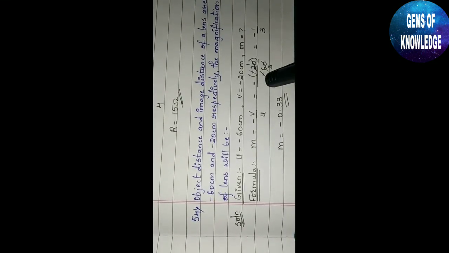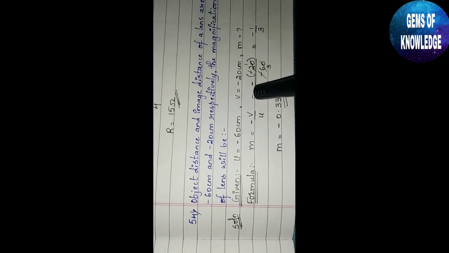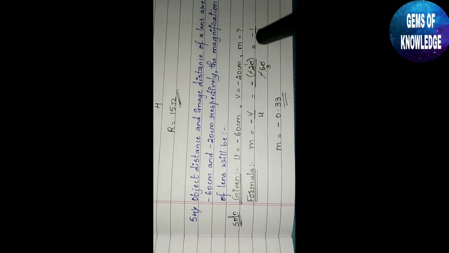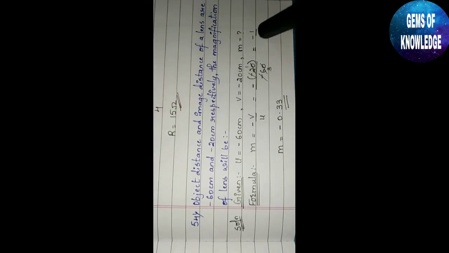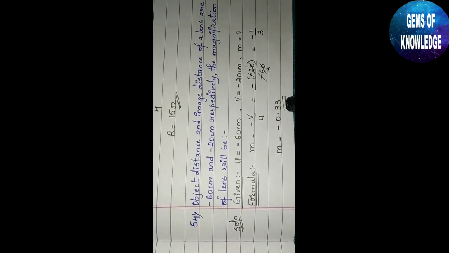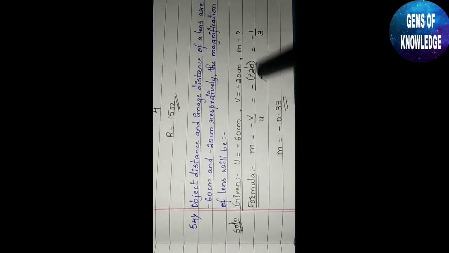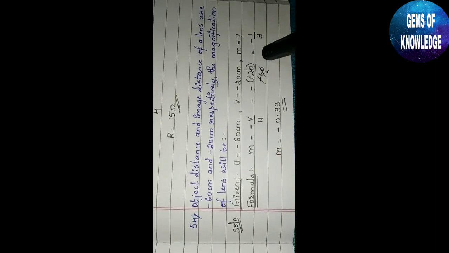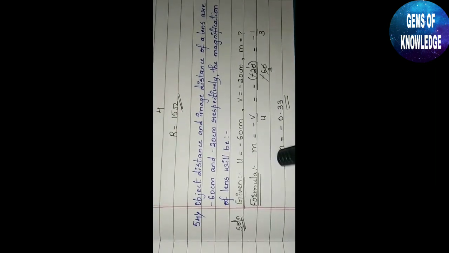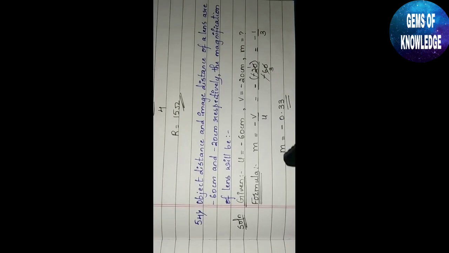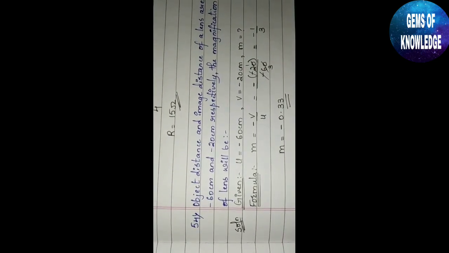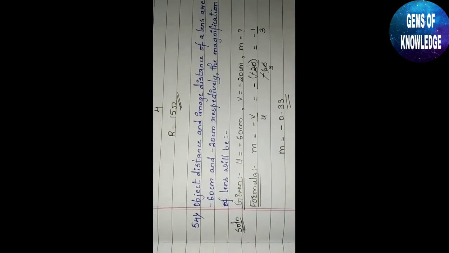This minus and this minus cancel each other, and only this minus remains. So we get minus 1 by 3. When we divide 1 by 3, we get minus 0.33. There is no centimeter here because both have cancelled. Magnification does not have any unit. So the answer here is minus 0.33.